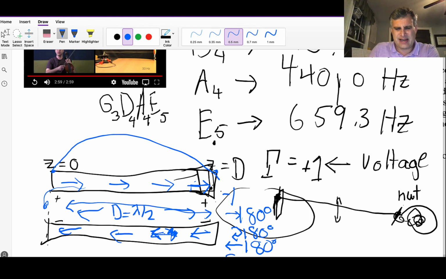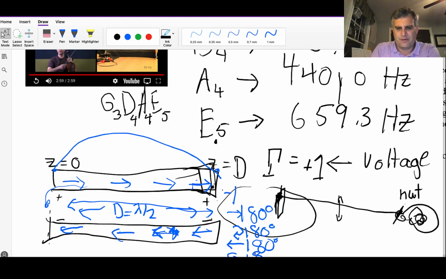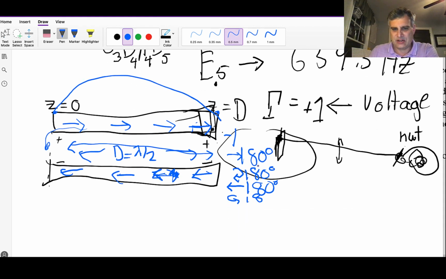And when I get to that end, it reflects back with a -1 reflection coefficient for a total of 180 degrees. The net modulus 360-degree change when all that happens is 0, meaning that when the wave completes one full cycle around this resonant structure, it's back in phase with itself, which means you have resonance.